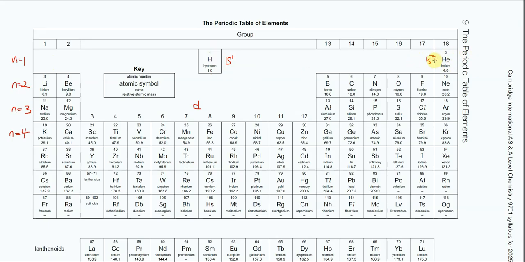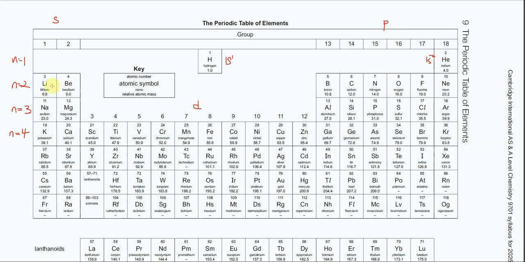After the 1s2, it will fill up the next row, or next electron shell. The first two groups are in the s block, groups 3 to 12 are the d block, and groups 13 to 18 are the p block.